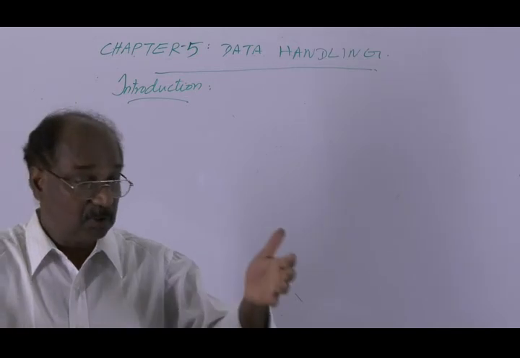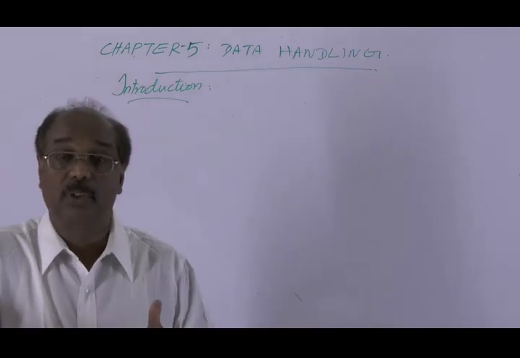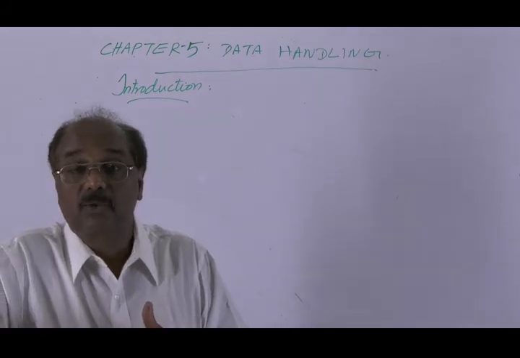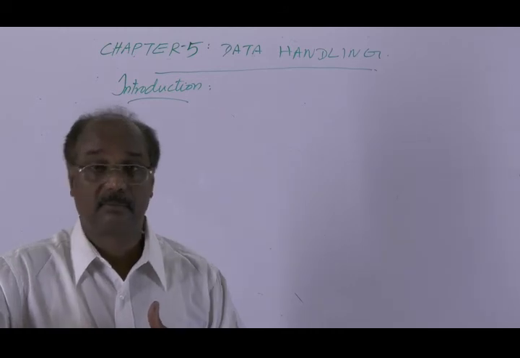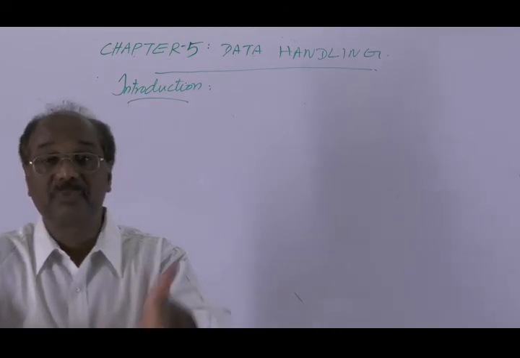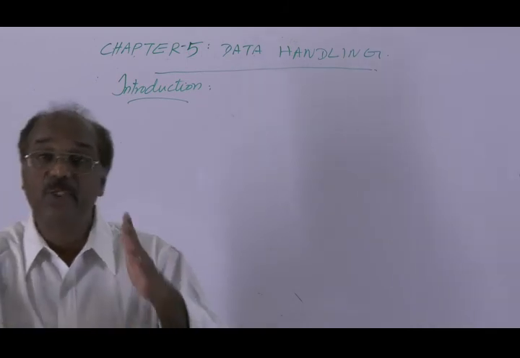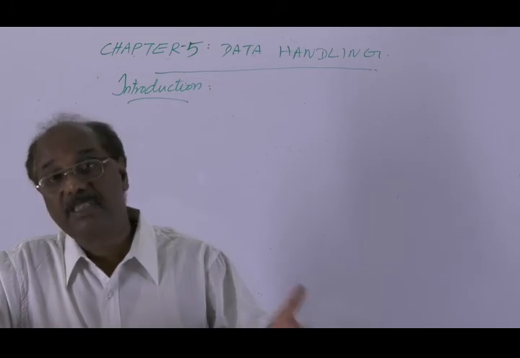Suppose we want to know the average mark scored by the students in mathematics. Then from the collected observations, data values, we can have the average by a specific method.